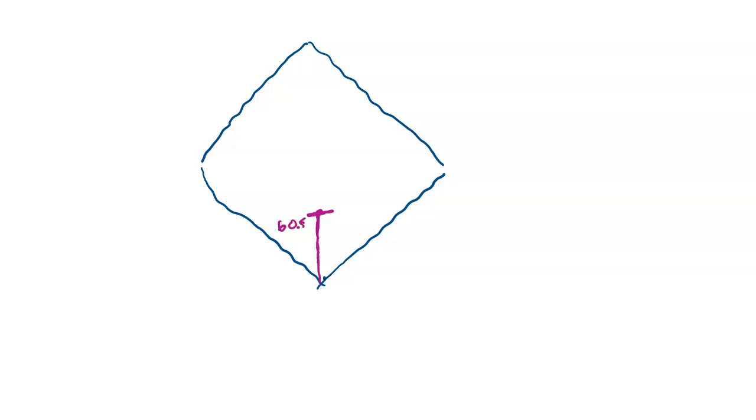So 60.5, and we're trying to find that distance. Okay, I know this is 90 because it's a square and it's 90. And I also know this angle, this is 45. Oh, this is easy. And we want to find C. That's easy.